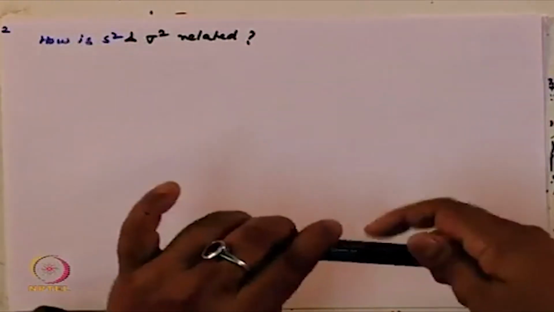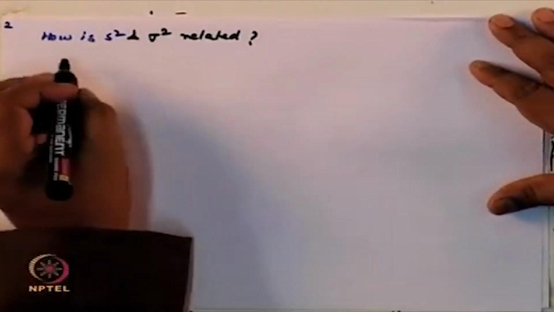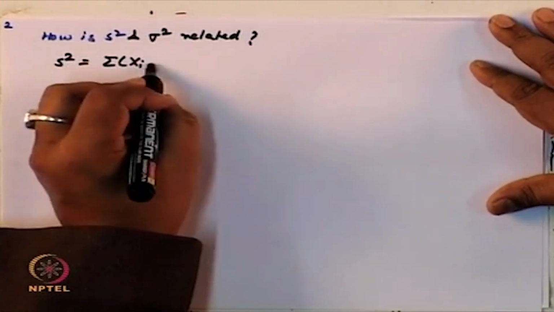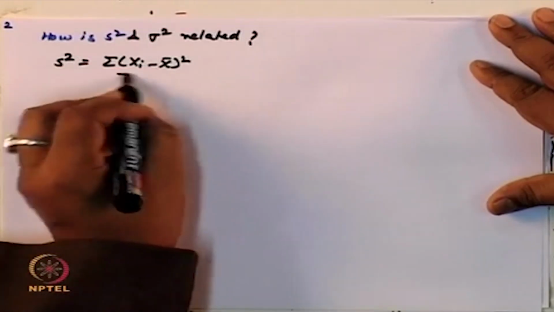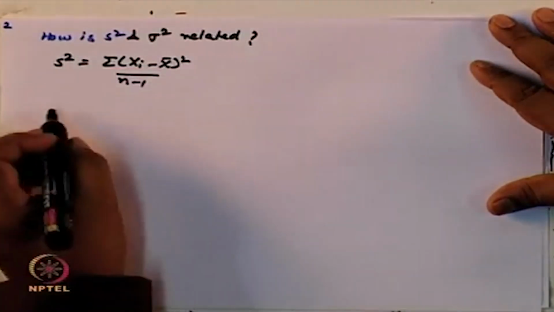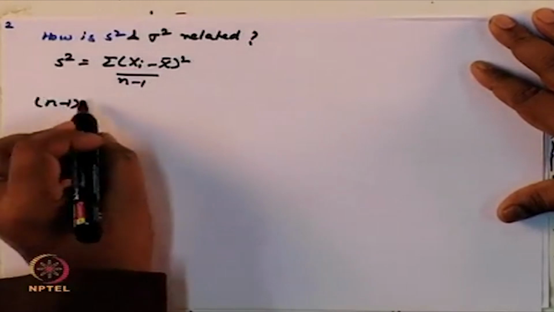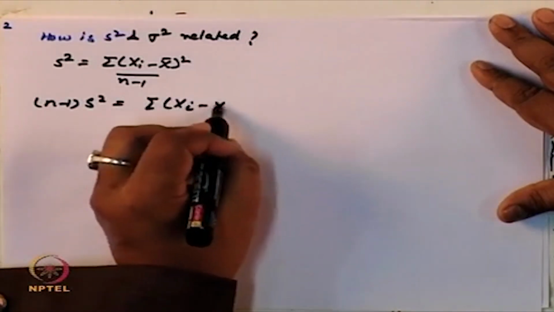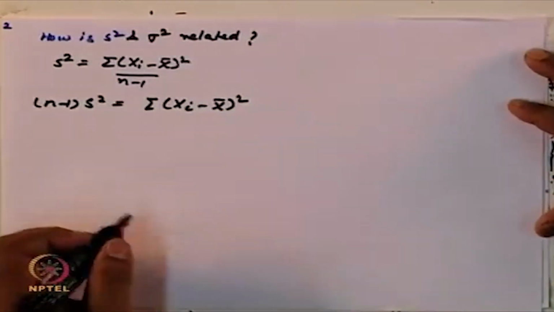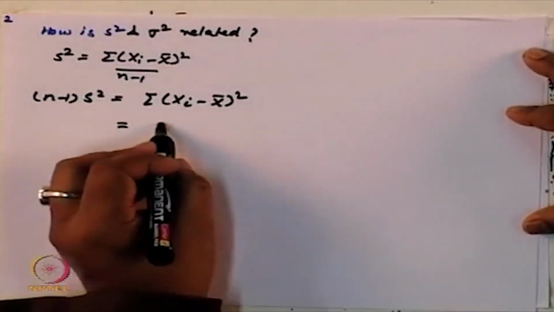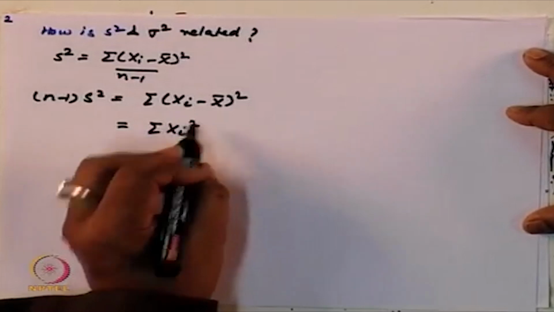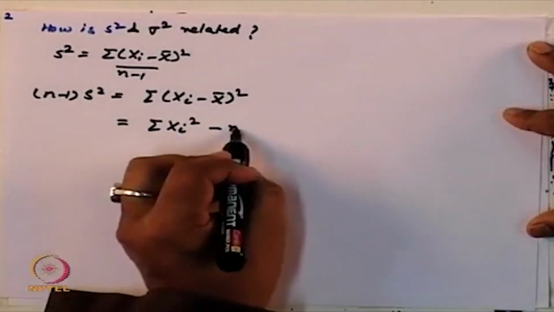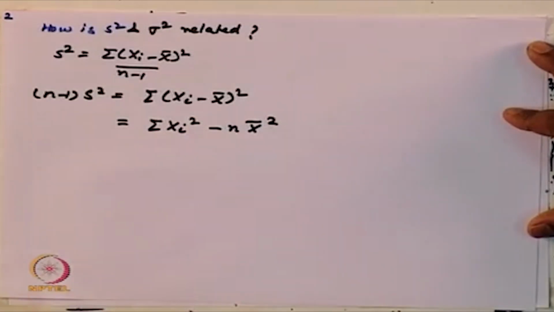Since S square is the summation of (X_i minus X bar) whole square by n minus 1, I can write n minus 1 times S square equal to the summation of (X_i minus X bar) whole square. Expanding this, as we have done before, it can be shown to be the summation of X_i square minus n X bar square.